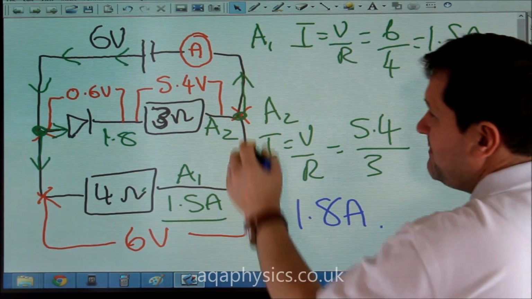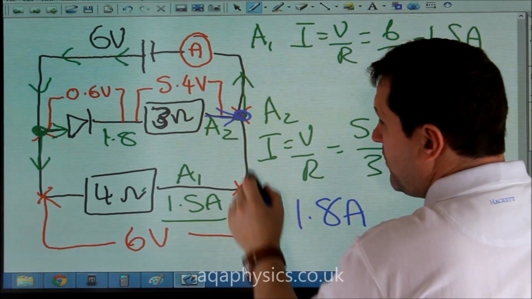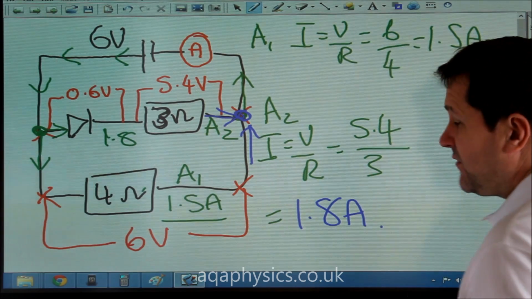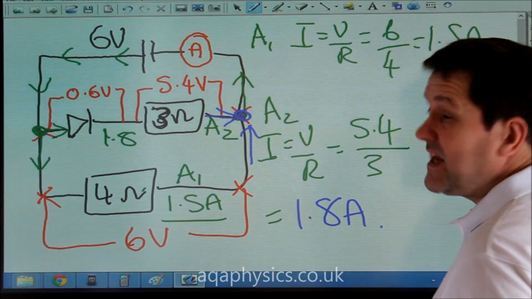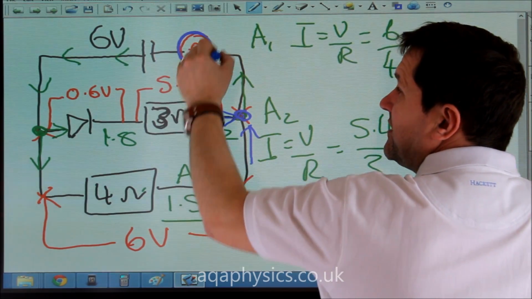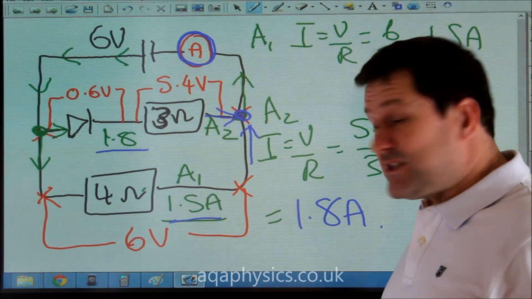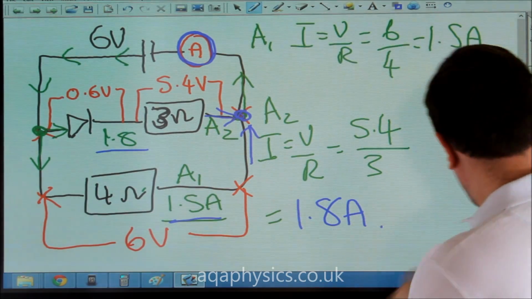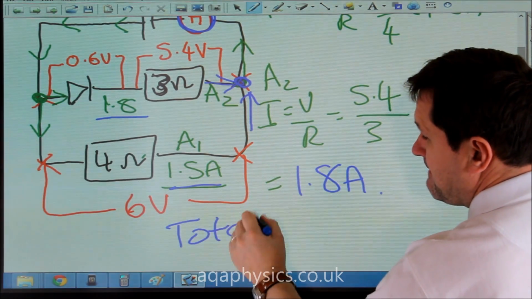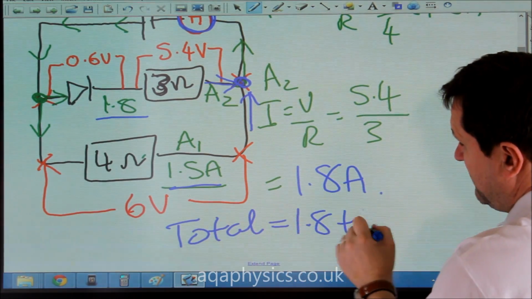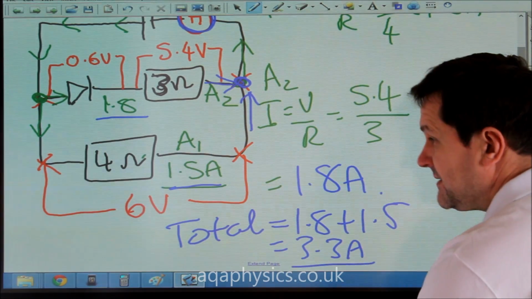Now both of these meet at this point here, so if we add them together, the total current that flows through the circuit, which will be the current through this ammeter here, is 1.5 plus 1.8, which is 3.3 amps. So we would say the total is 1.8 plus 1.5, which is 3.3 amps.